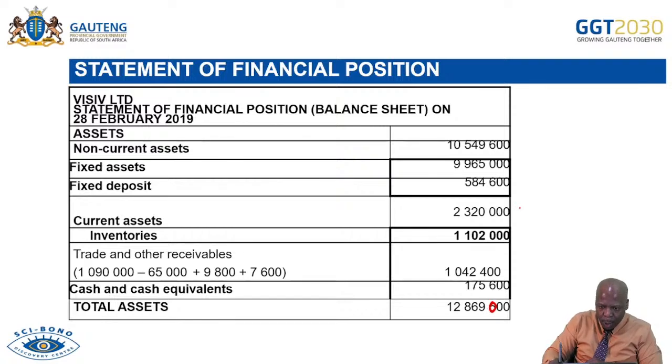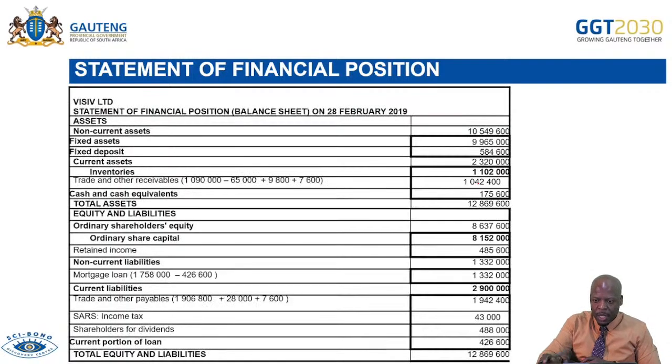We have this one already, which is our 2,320,000, and then the fixed deposit was the balancing figure here. So you are now going to get a fixed deposit which is 584,000. All right, so this will become 10,549,000, and the fixed deposit becomes 584,000, like that.